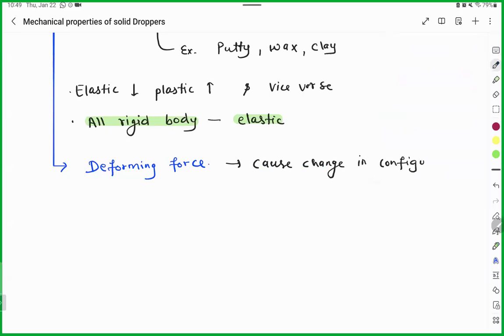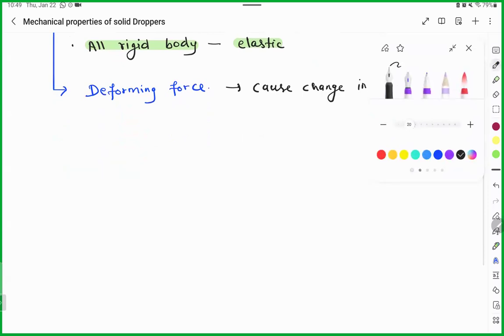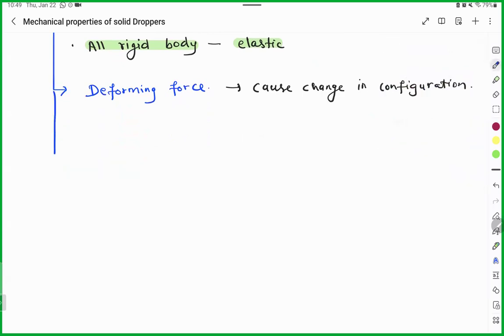Example, you exert force on the spring and it is responsible for increasing the length. So deforming force, correct? So can you, Tuhina, repeat? A force that is responsible for deformation, like change in the configuration of the body.